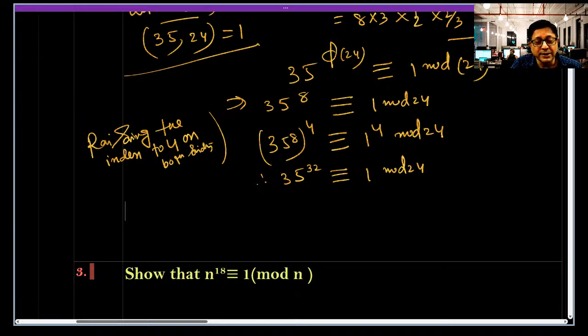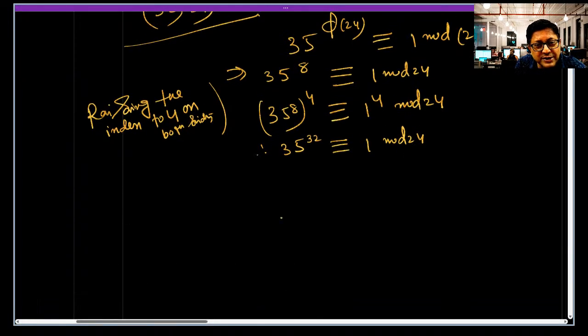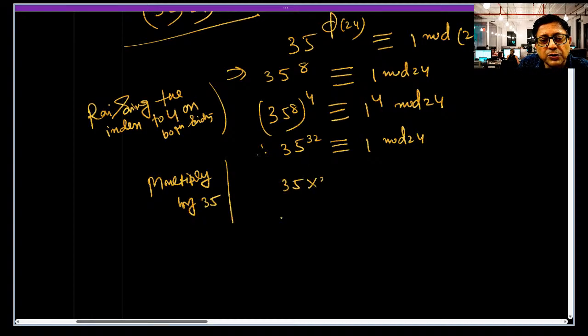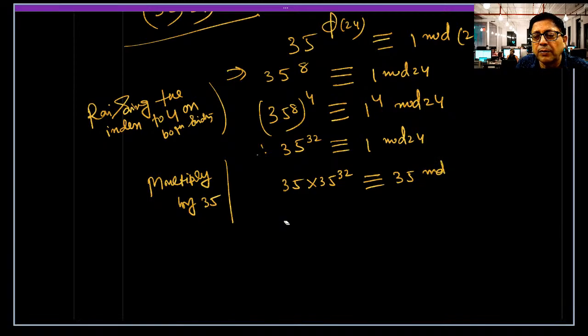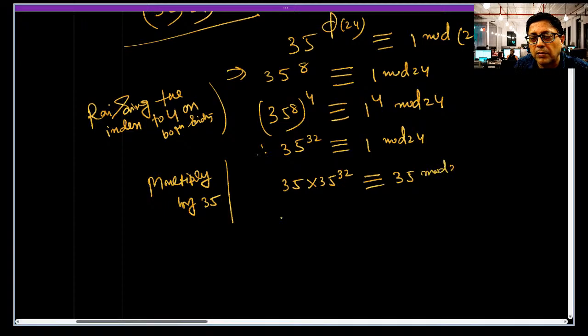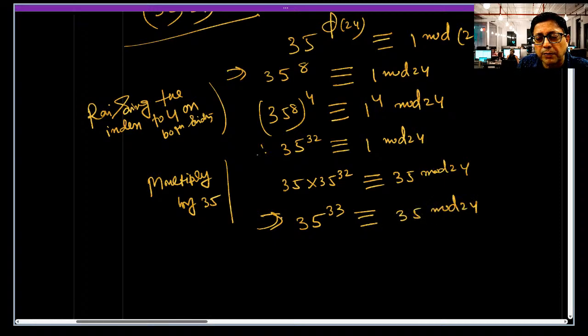So on multiplying by 35 on both sides, 35 to the power 33 is congruent with 35 mod 24.